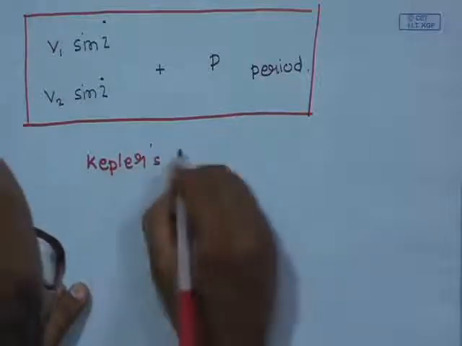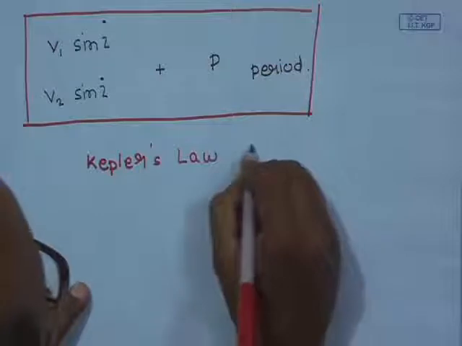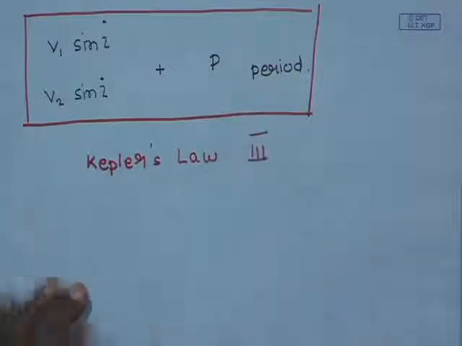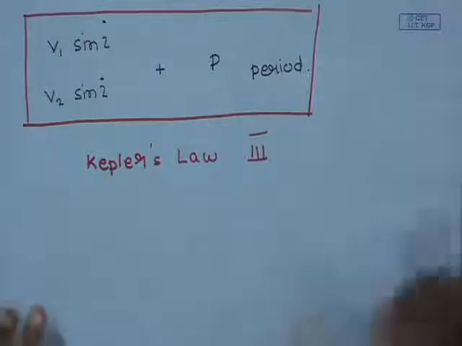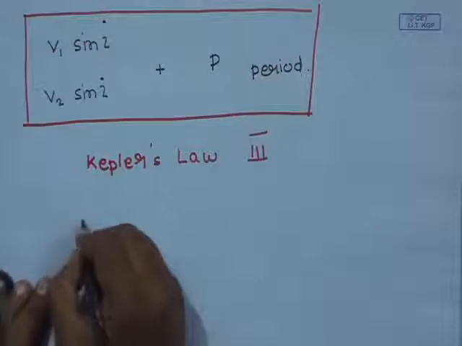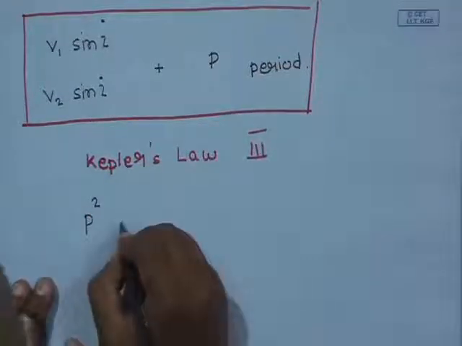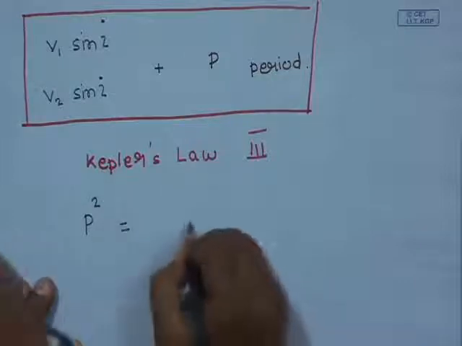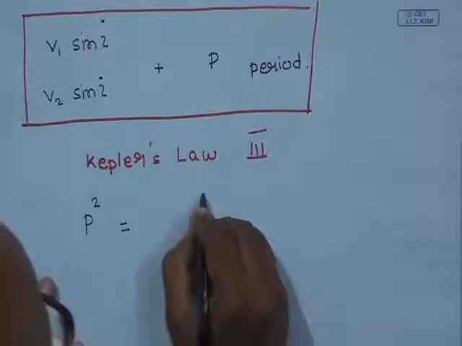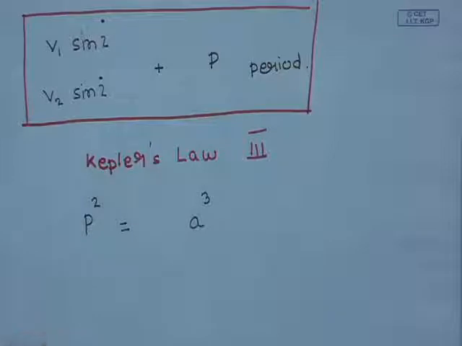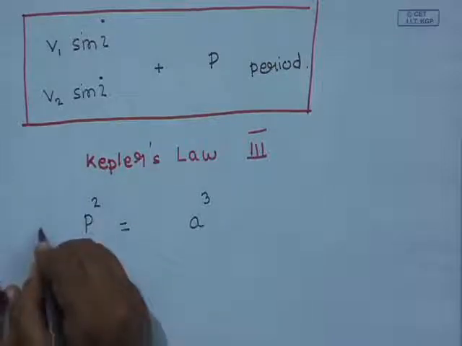Kepler's law, and we consider the third law, which says that the period of the orbit P squared is proportional to the cube of the semi major axis, a cube, and the constant of proportionality is GM.